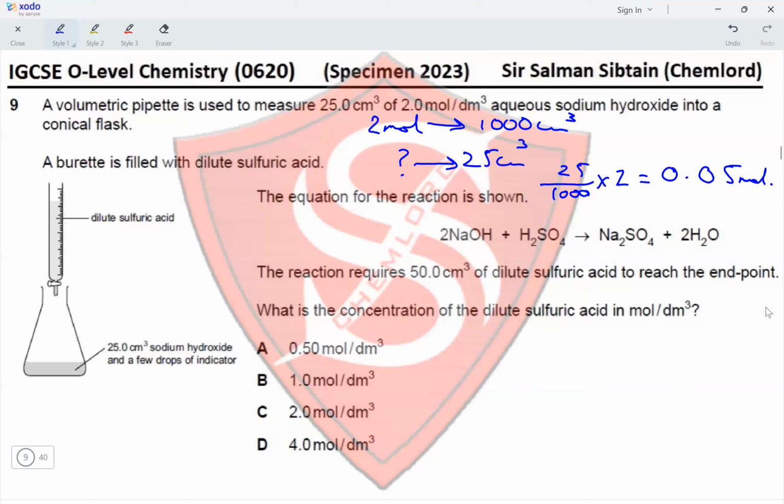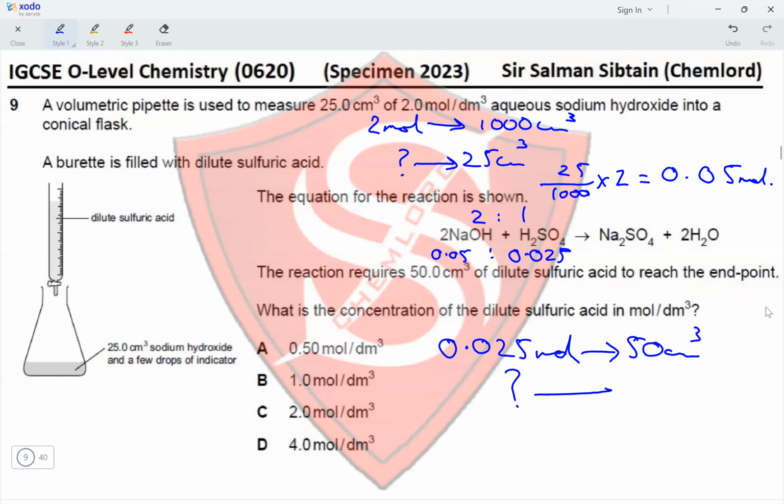Now, the molar ratio of NaOH to H2SO4 is 2:1. So if the moles of NaOH is 0.05, it would make moles of sulfuric acid half of these, which would be 0.025. Now, the question asks, what would be the concentration of dilute sulfuric acid if 50 cm cubed of it reacted? So, 0.025 moles were present in 50 cm cubed of the acid used.